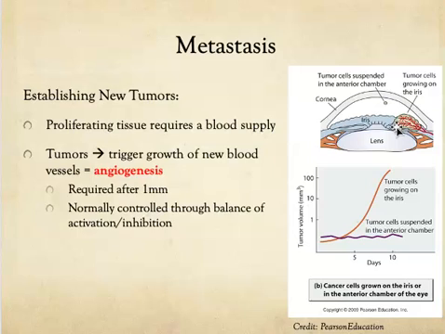In some of these animals, the tumor cells were either gone or they were still floating around inside the anterior chamber in this fluid. But in other animals, those cells had grown into a new tumor. And that new tumor had vasculature coming to it, had new blood vessels coming to it.